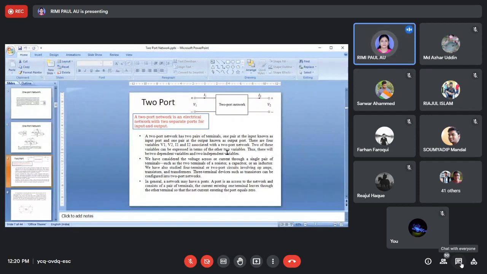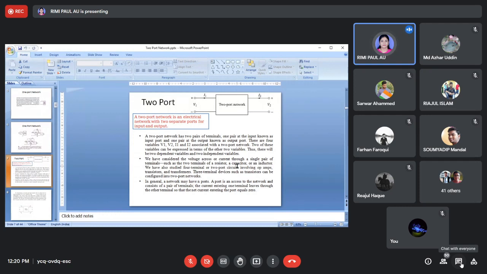Otherwise, with an op-amp or transistor, you can also configure the terminals. In an op-amp you get two terminals in the input port and one terminal in the output port, and you can configure it as a two-port. It is not a big problem. We have considered the voltage across and current through a single pair of terminals, such as the two terminals of a resistor, capacitor, or inductor, which are studied as one port.